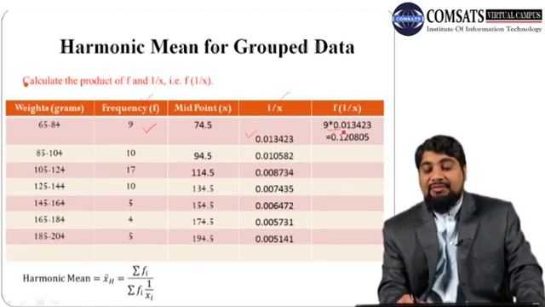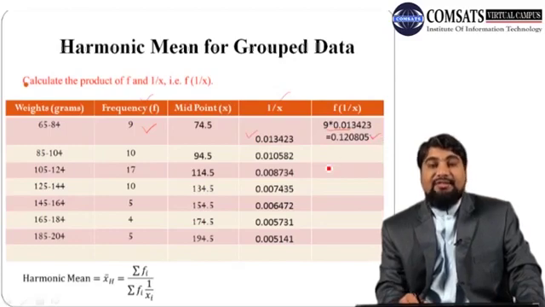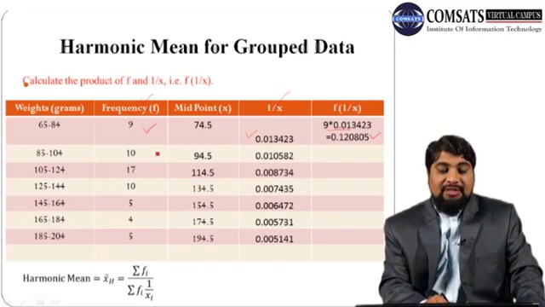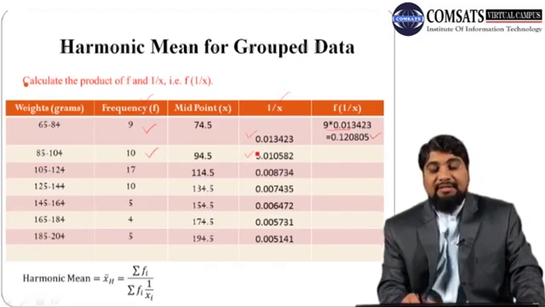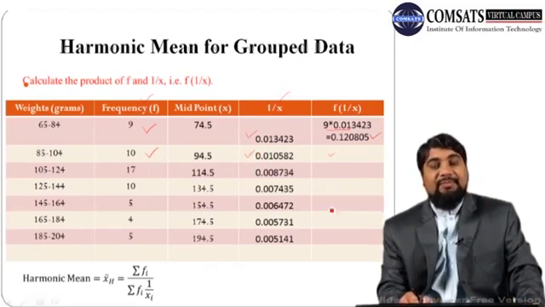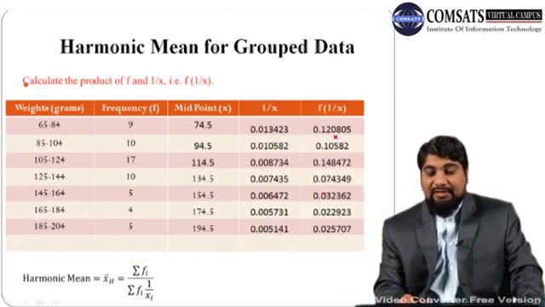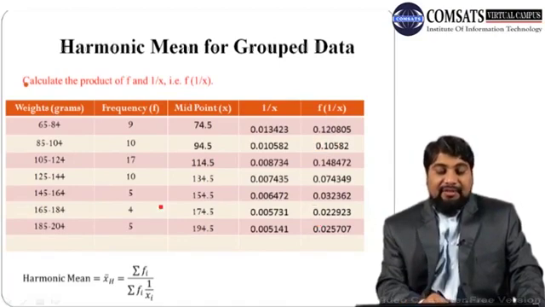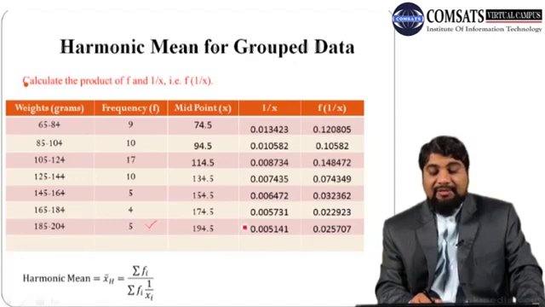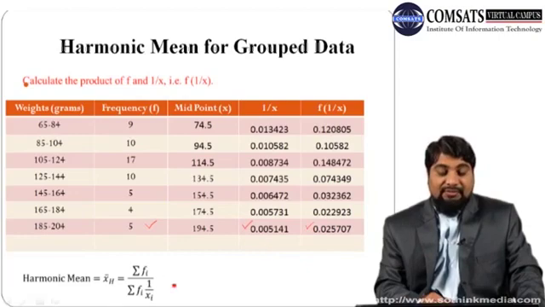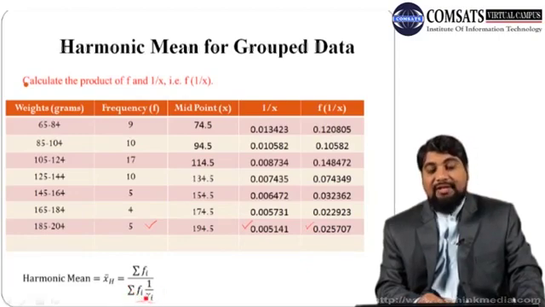So just multiply these two numbers and here is the result, 0.120805. Similarly, in this case, multiply this frequency with 1 over x, you will get a certain other number and so on. So here is the product, f into 1 over xi. So the last one is 5 multiplied by 0.005141, we get this.